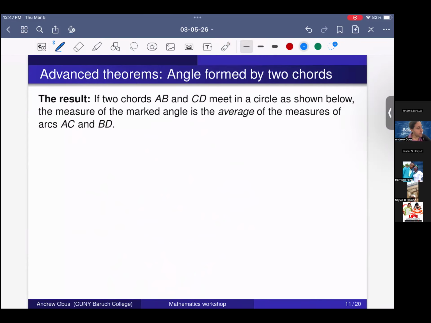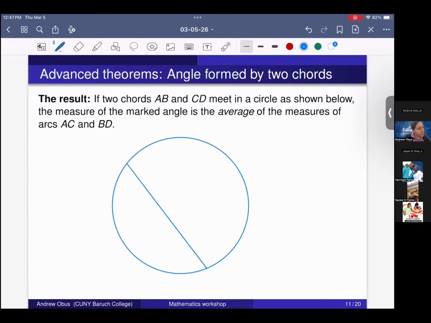Let me draw another picture, another circle, a pretty big circle. I'm going to draw two chords meeting, not necessarily through the center. I have one chord of my circle here and another chord here, and I'm going to call these AB and CD.